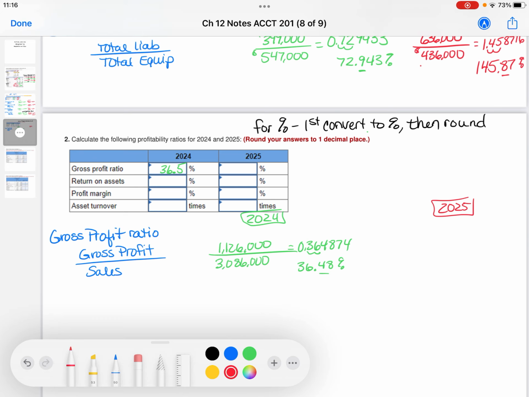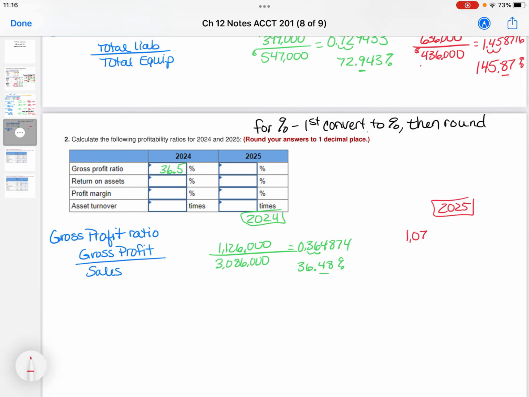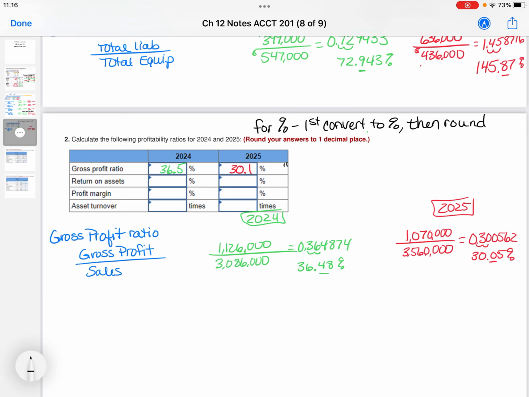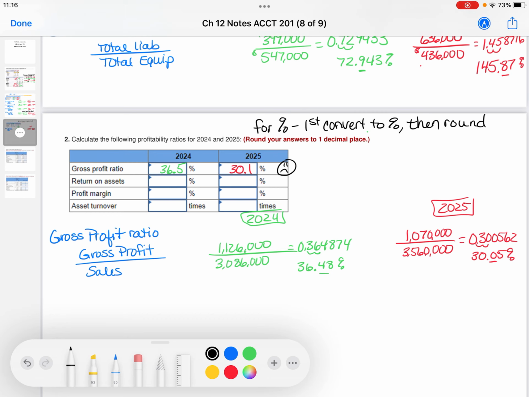All right, so I've got a little bit more room now, and I can put in my gross profit and my sales. Oops, I need another zero there. Okay. And I end up with 0.300562 converts to 30.05%. So because of that 5, we're actually going to round this to 30.1%. Gross profit went down. That is not good. So we're not doing good on our gross profit.